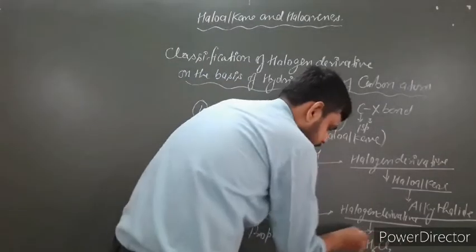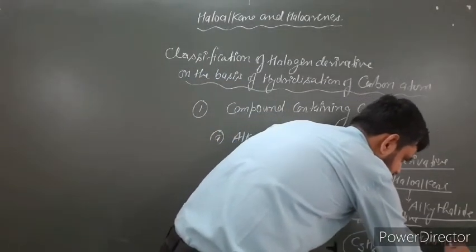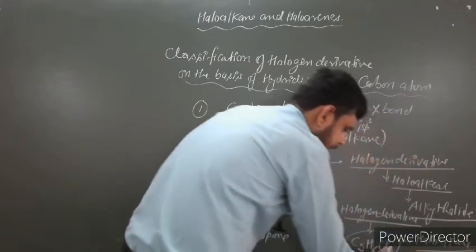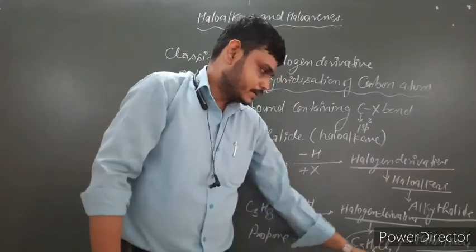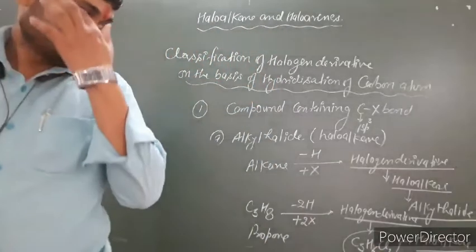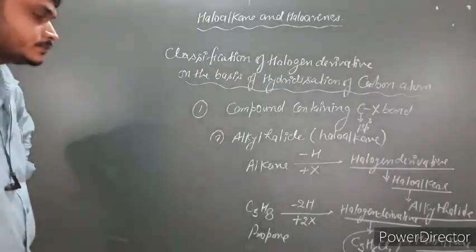This is the haloalkane. Dichloro means this is dichloropropane. Clear?